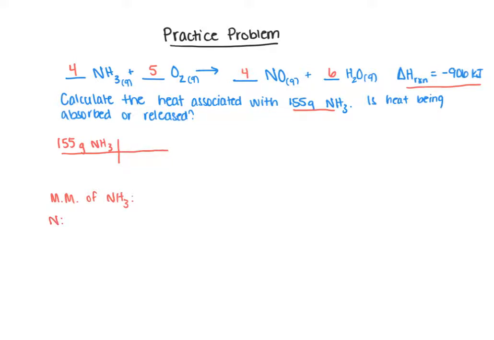So for nitrogen, we have 14.01 grams per mole times 1. We have 3 hydrogens, each at 1.01 grams per mole, for a total of 17.04 grams per mole.